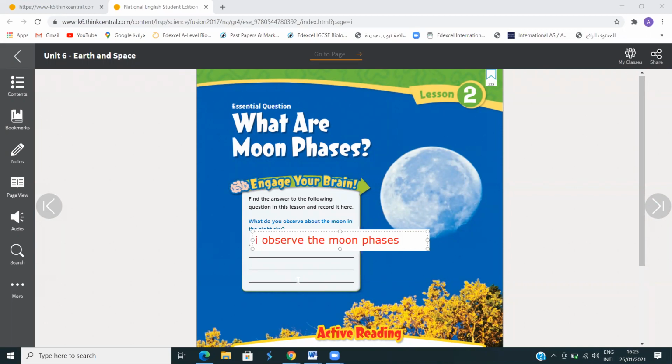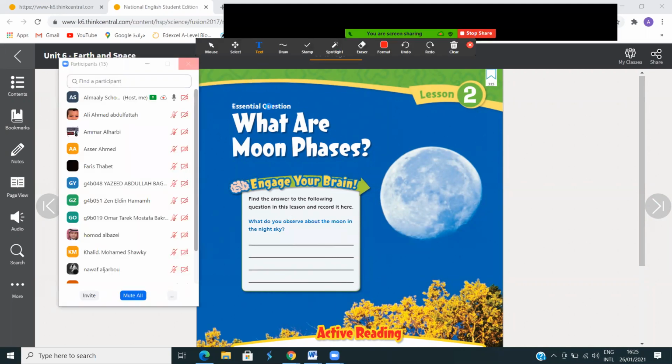We know that the moon revolves around Earth. So we can also say that the moon shape appears to change over the course of the months. Write here: the moon shape changes.